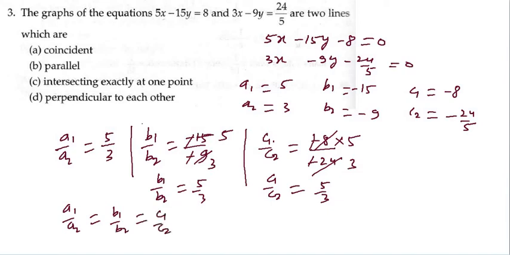All are equal because all are 5 by 3. That means the lines are coincident, so it has infinite solutions.